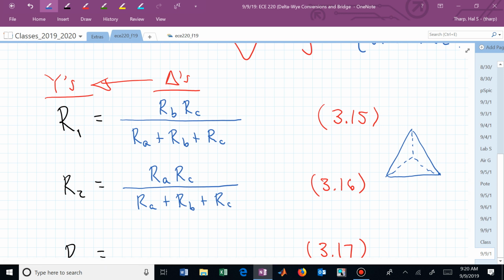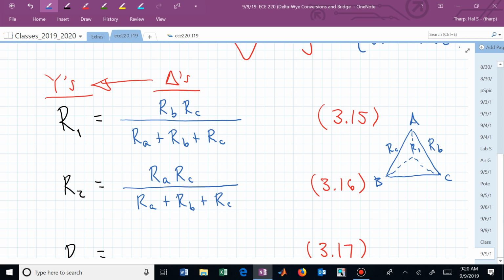But if this is now A, and this is B, and this is C, then this was R1, and this was R what? On the leg of the triangle from A to B, what was that? It's opposite vertex C. This is R sub C. And this was opposite vertex B. That's R sub B. And R sub 1 is in the vertical, meaning to go from delta to Y, you look at R1's value.